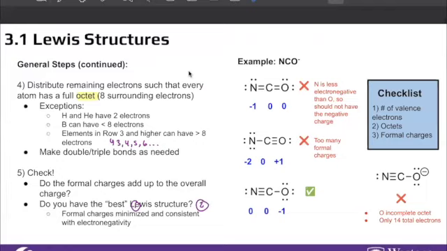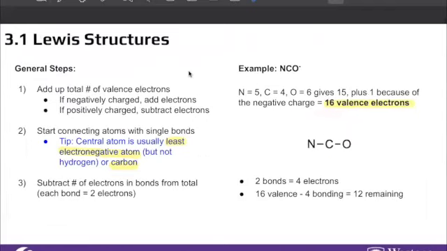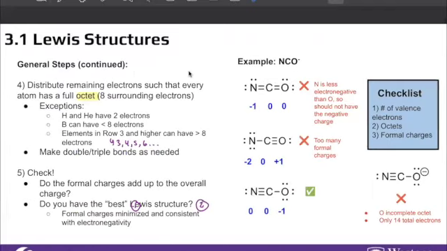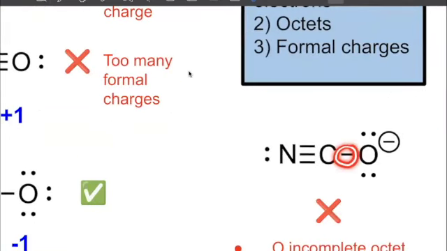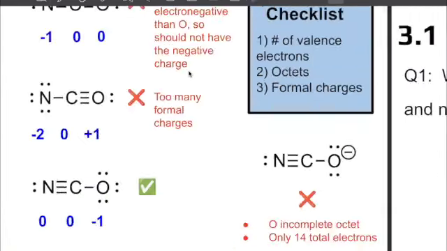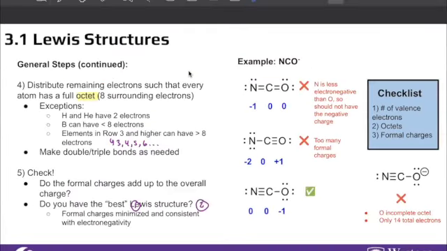Remember, our number that we needed was 16, so this doesn't have the right number of valence electrons, so it's wrong for that reason. Also, if you look at oxygen, we have 2, 3, 4, 5, 6 electrons around it, so we have an incomplete octet, and so it's also wrong for that reason.